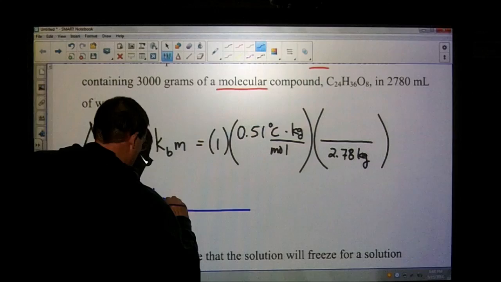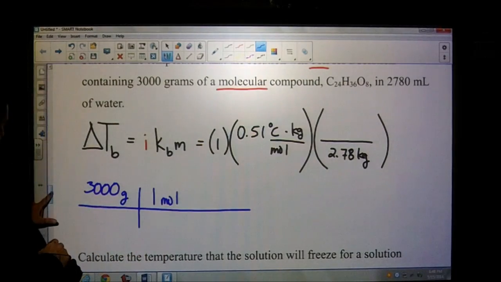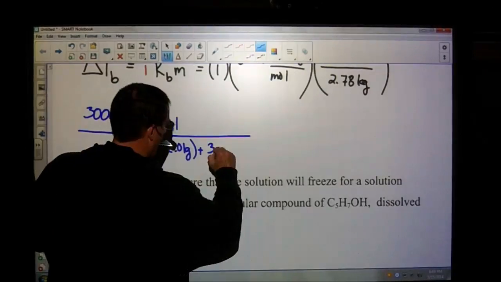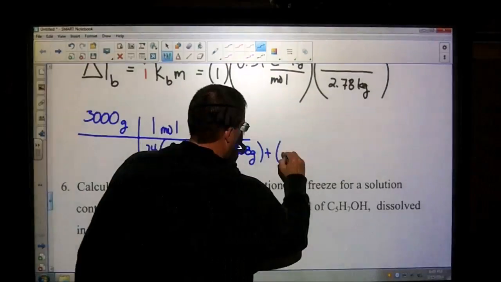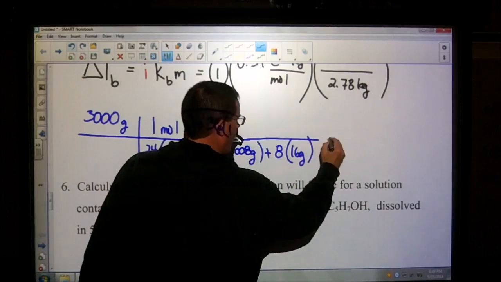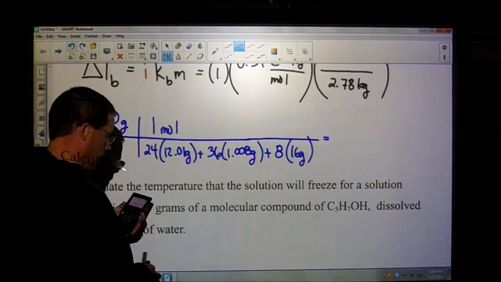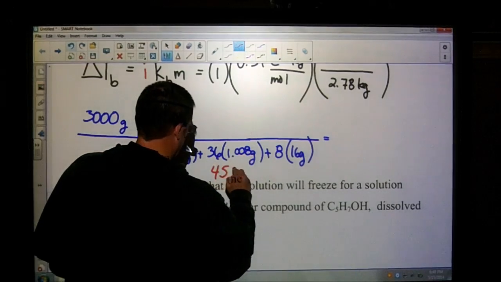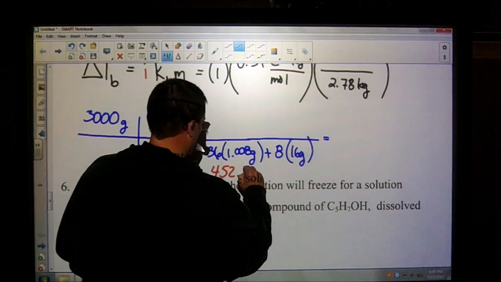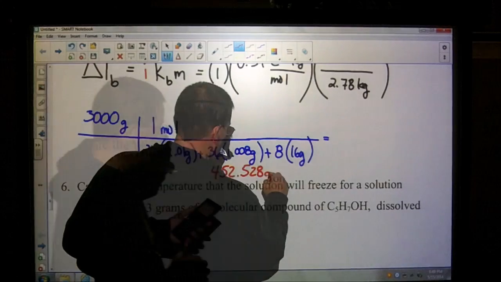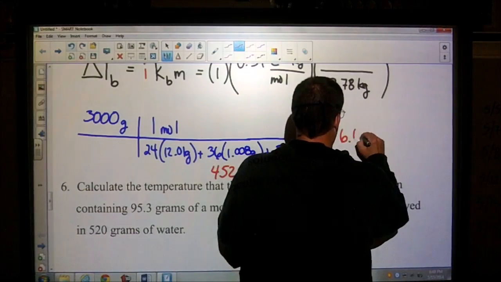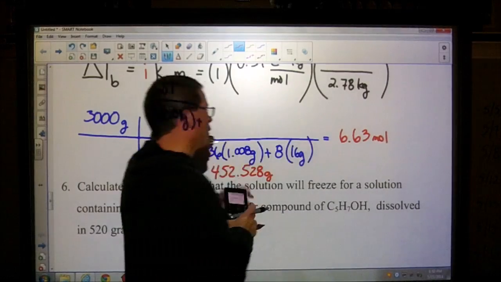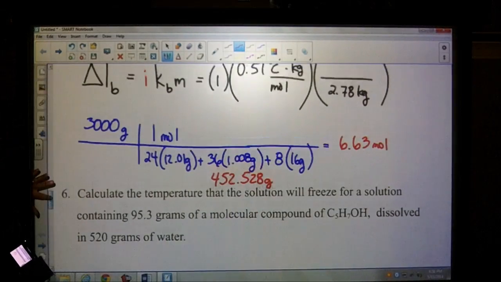And 1 mole of that, it's going to be a big number, this whole thing has a molar mass of 452. And that's a big molecule, to be honest. Grams equates to 6.63 moles.